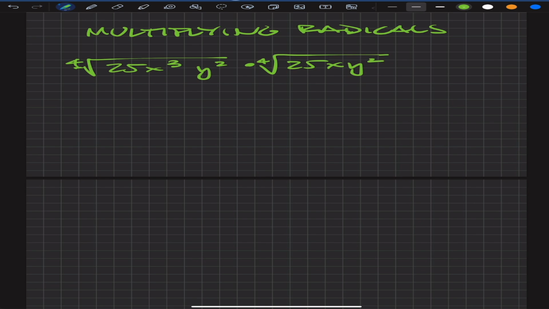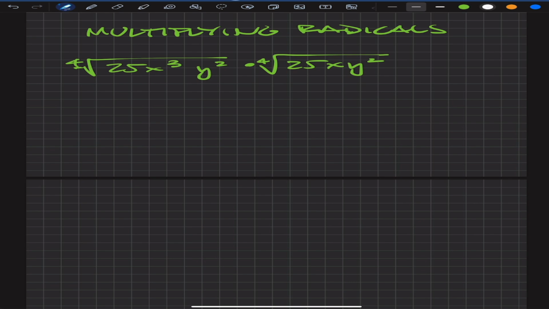Okay, so this is the problem that was given to me. It was asking for the fourth root of 25x cubed y squared, times the fourth root of 25xy squared. This is going to end up just being 5xy, okay? But how do we get there?